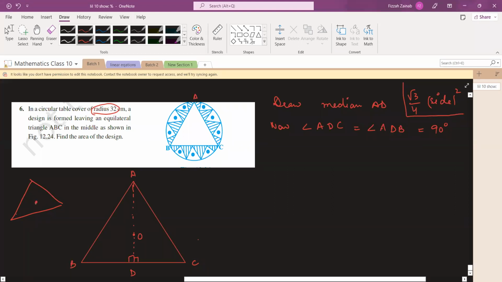So this point O is actually called the centroid. Centroid means if you join the vertex and form the circle, so basically this is the center of that circle, right? And if you join all the medians, they meet at the centroid, correct? So there's a property. If I consider only one median, this one, there is a property of the centroid that it divides the median in the ratio 2:1. Understand?